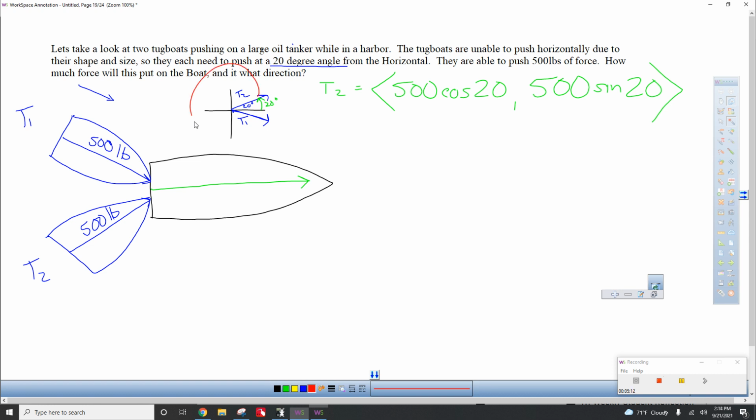Well, T1 is in the bottom right quadrant, the fourth quadrant, and there's only 20 degrees left. So the direction angle for T1 must be 340 degrees, 20 degrees less than an entire circle. And it's still a force of 500.